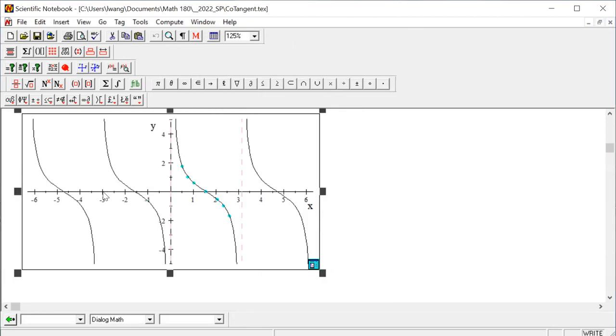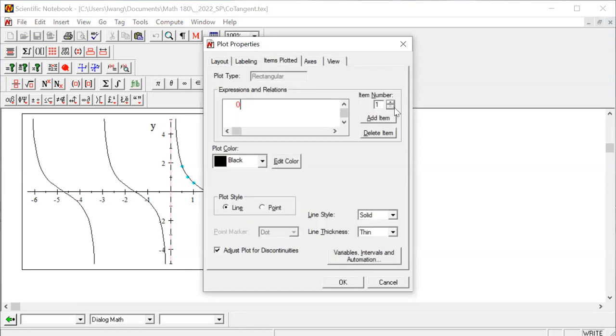Same thing, periodic. So this vertical asymptote is actually x equals negative pi. I'm going to draw another vertical asymptote, and I certainly can draw more.